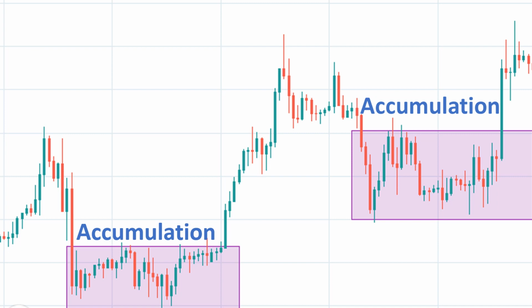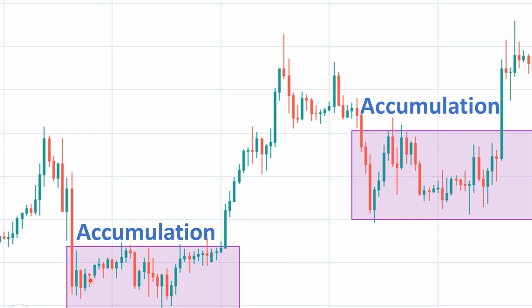Accumulation plays a vital role in the bank trading strategy. But what is accumulation? Well, it's an area where smart money accumulates their desired position. And as they have massive volume that they control, they have to enter their positions over a large period of time. And so this would occur when there's range bound or sideways price action.